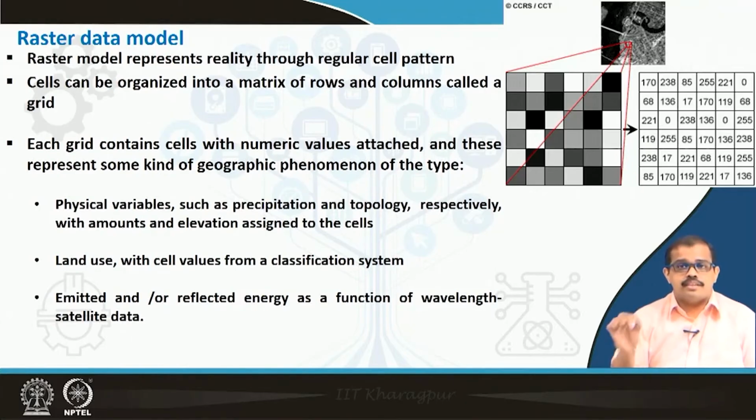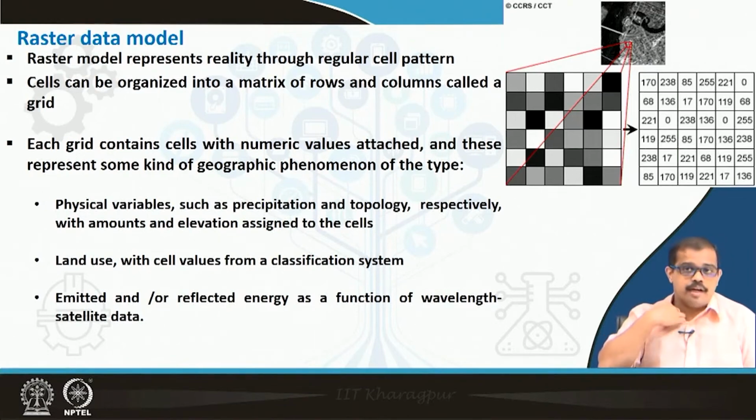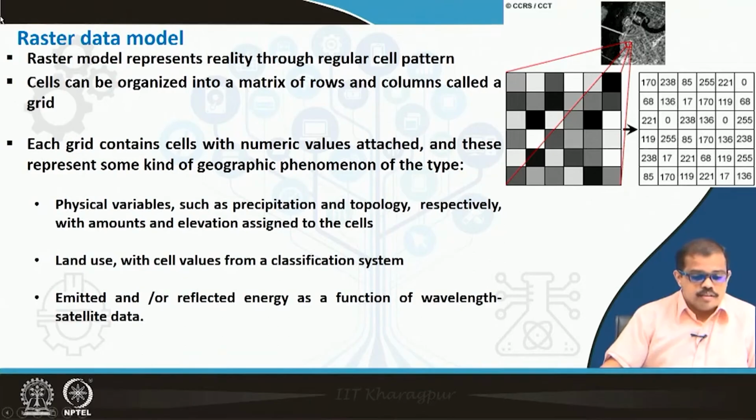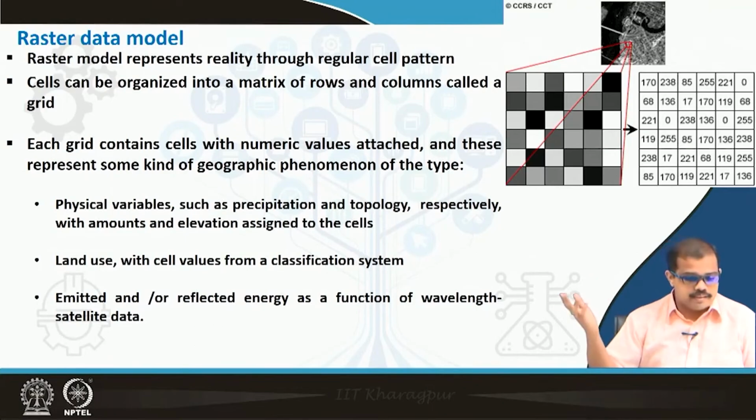That is how we distinguish different objects on the earth surface. Because it is continuous data, we refer to it as a field. When we refer to these individual boxes, they are referred to as cells or pixels.